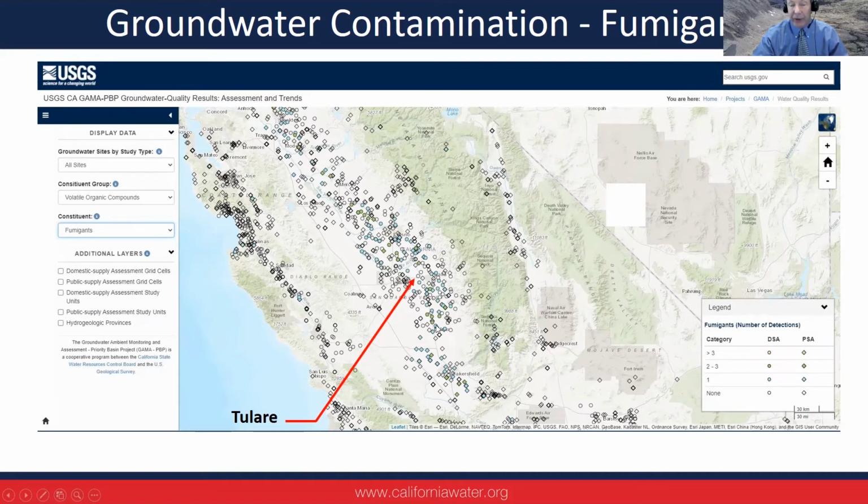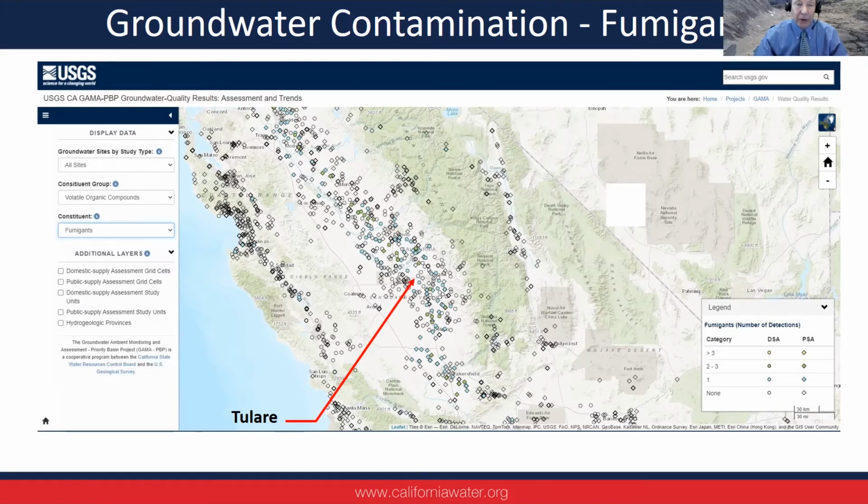And even though there are many clear glyphs in here indicating that there's no DBCP or fumigant 1,2,3-TCP contaminant, there are still a significant number of colored glyphs showing up. And probably as we move through time, you're going to see more and more of these clear glyphs turn to a color.